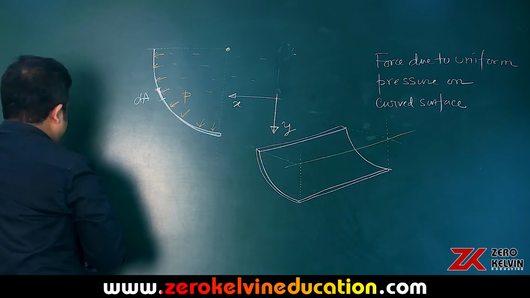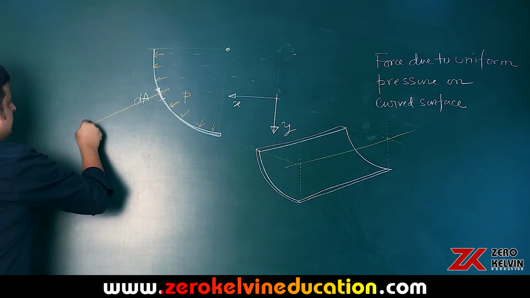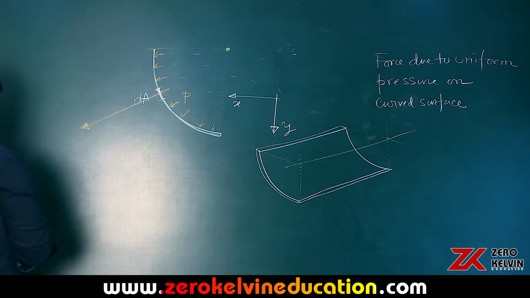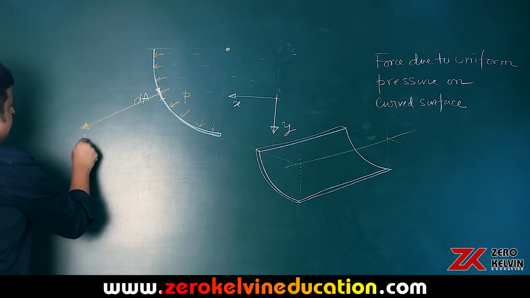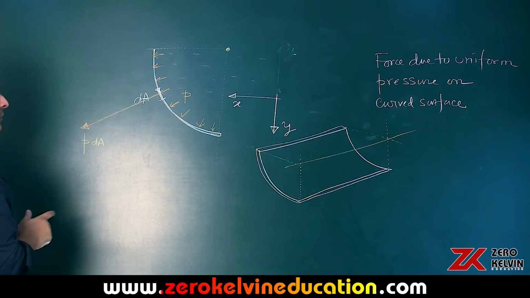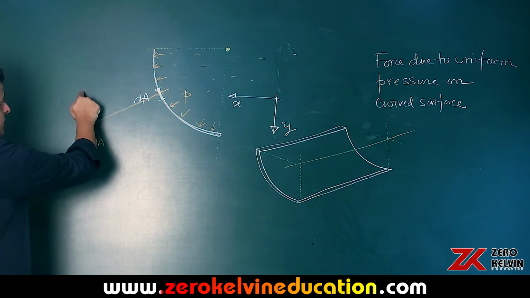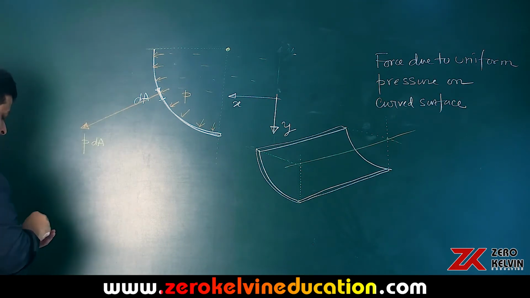And what about the pressure or force due to pressure? So force due to pressure is this. So this is P multiplied by dA. Now what about the components of force? Now we will calculate the components of force. The X component here and the Y component downwards.